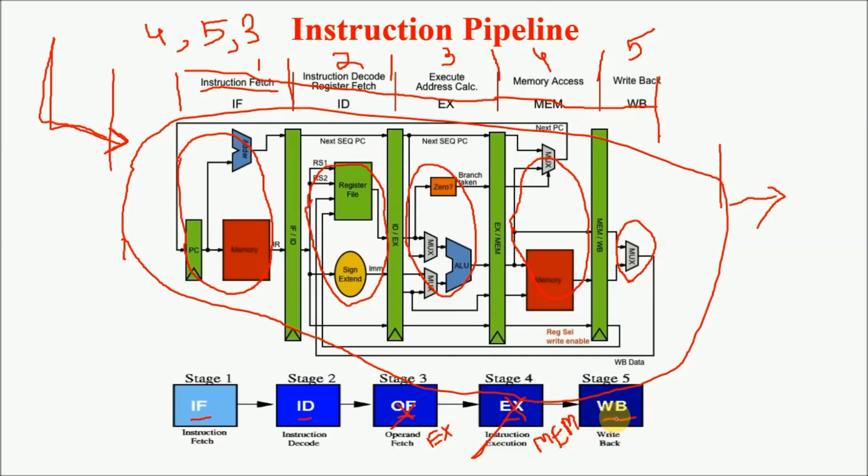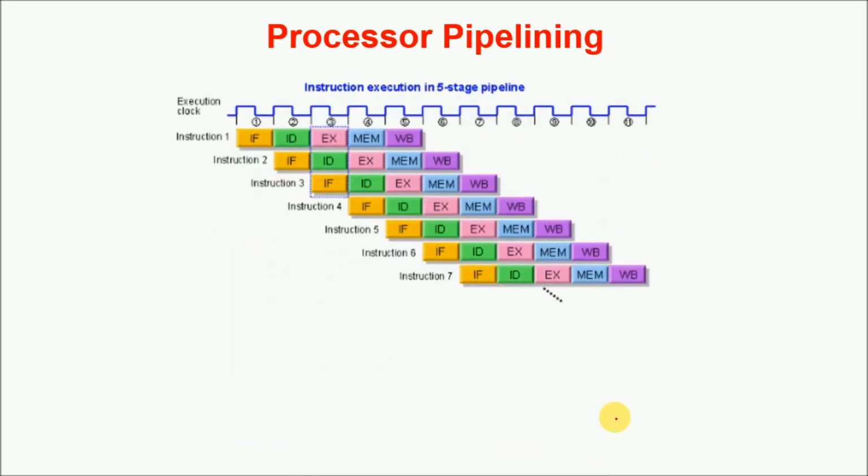Now let's see how using these 5 stages the pipelining and non-pipelining processes are executed. Suppose all these are the clock pulses. First clock pulse, second clock pulse, third clock pulse, fourth clock pulse. Suppose for a non-pipelining processor, the first instruction enters the system. In the first clock pulse, the instruction fetch stage is executed.